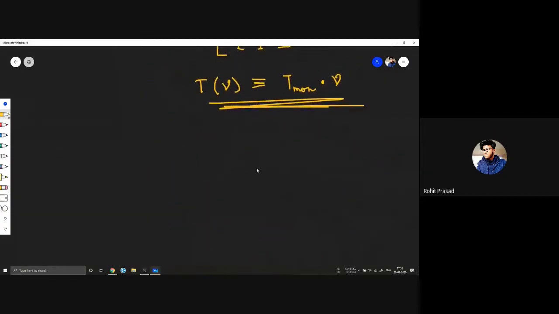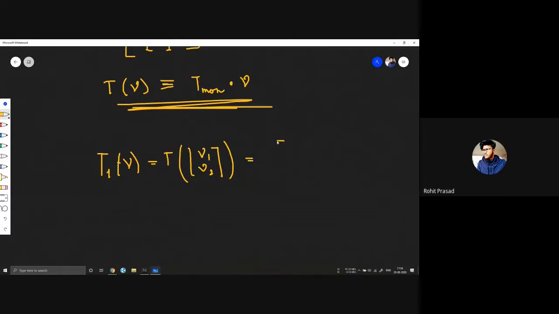So let's say for T1 v, this thing is equal to, let's say, T of v1, v2. Let's say it's something like 1 by under root 2 v1 plus v2, v1 plus 1 by under root 2 v2, and 1 by under root 2 v1 plus v2.